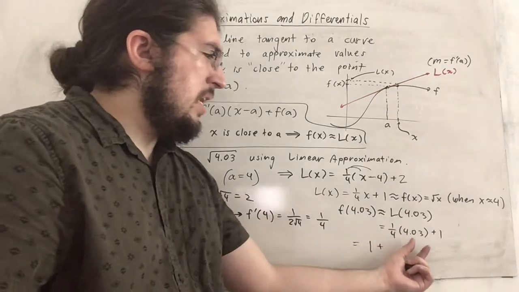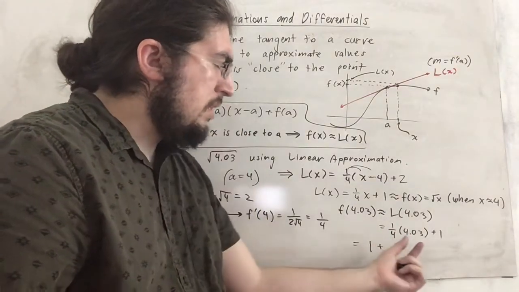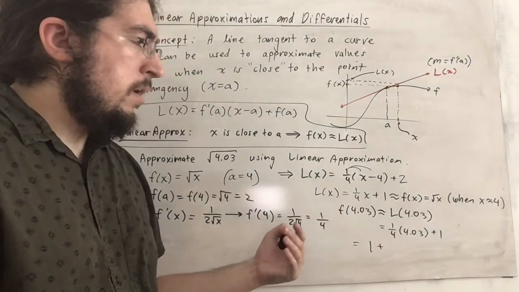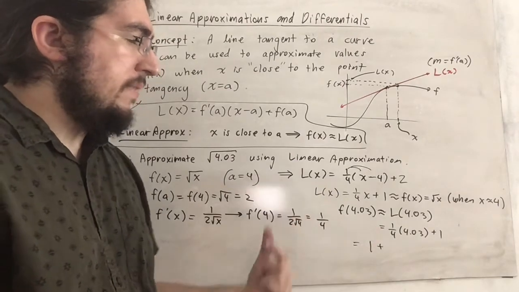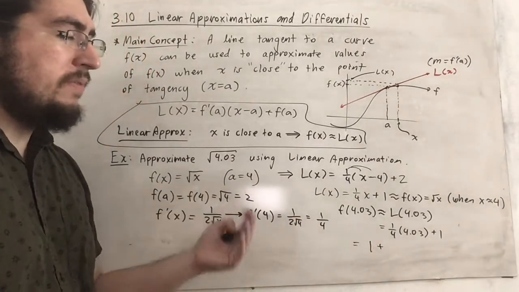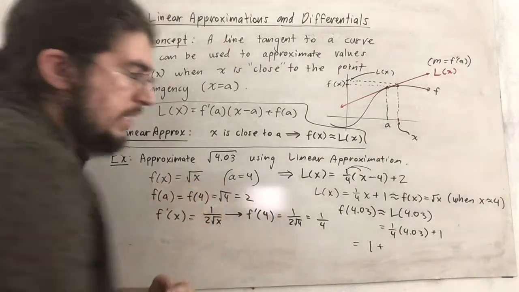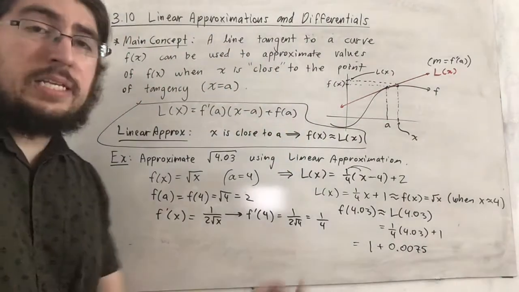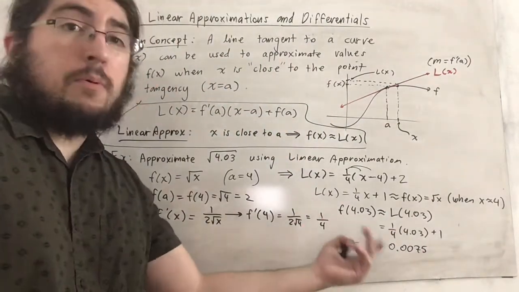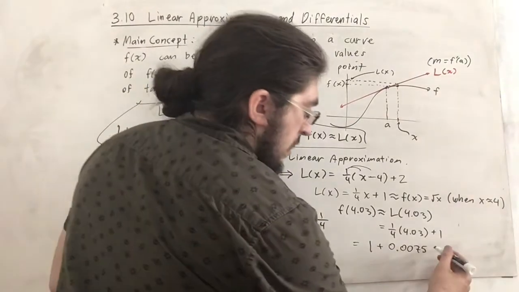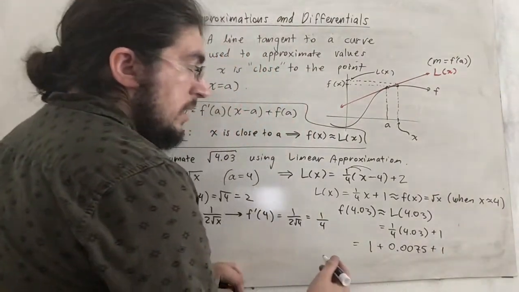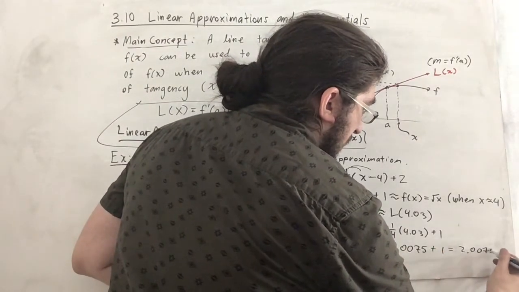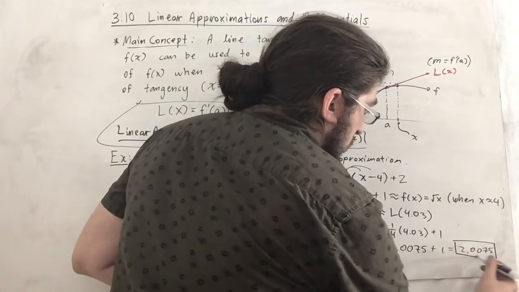So I know 0.03 over 4 is kind of like 3 over 4, but the decimal place is moved twice to the left. 3 over 4 is 0.75, so moving the decimal place twice to the left will give you 0.0075. So what I'm really saying is 1/4 of 4.03 is 1.0075. So I'll allow you to verify that on your own. And then of course we have this plus 1. So altogether this is 2.0075. So that's the approximation we get using linear approximation.